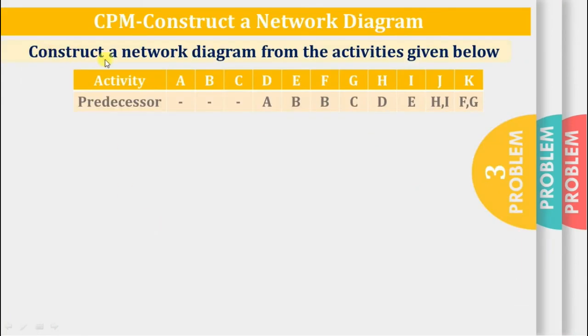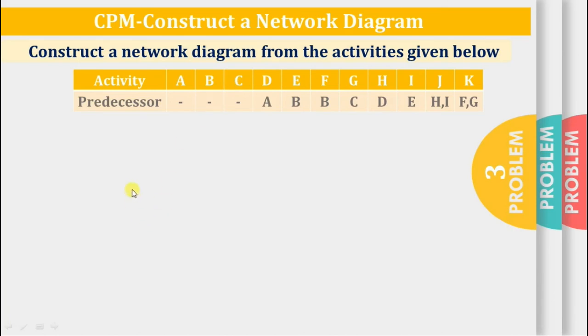Problem number 3. Construct a network diagram from the activities given below. Here activities A to K are given in sequence and their predecessors are given. So activities A, B and C have no predecessor, and activity J has two predecessors, and activity K also has two predecessors.